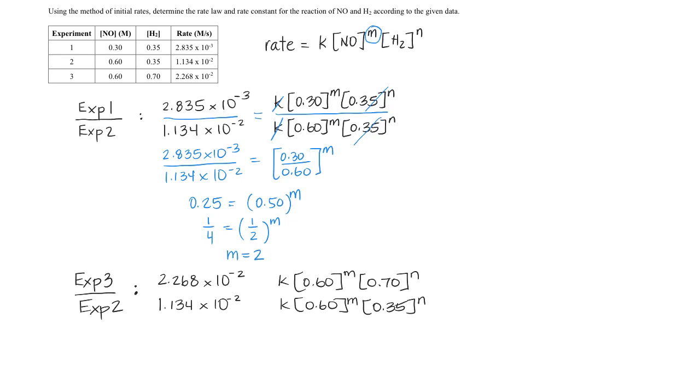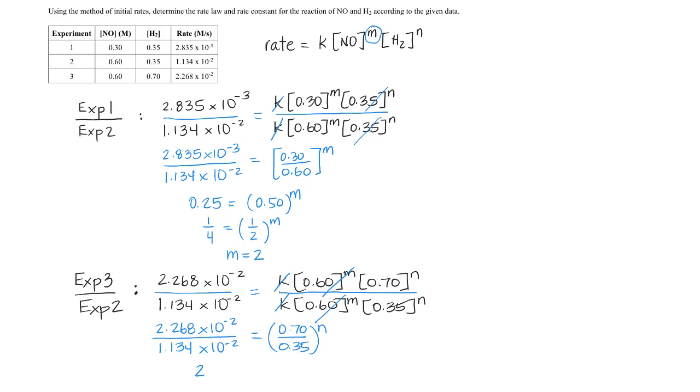Let's set up our equation and cancel out terms that we can. The k's cancel, and this time 0.60 raised to the m power divided by 0.60 to the m power can be canceled out. That's 1. And we end up with 2.268 times 10 to the minus 2 divided by 1.134 times 10 to the minus 2 equal to 0.70 divided by 0.35 raised to the n power.